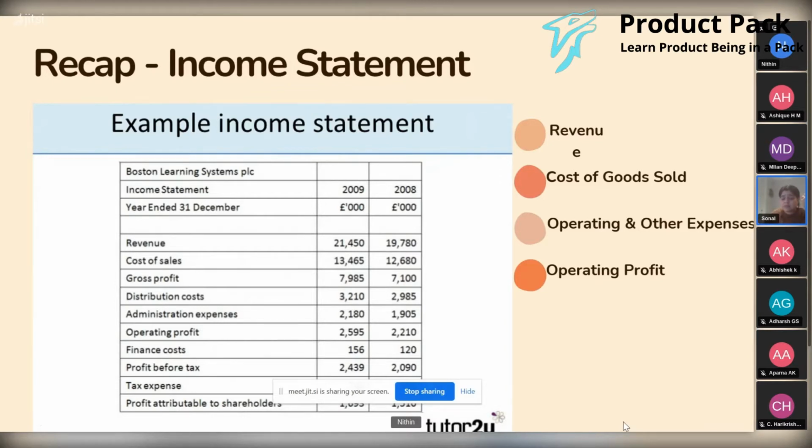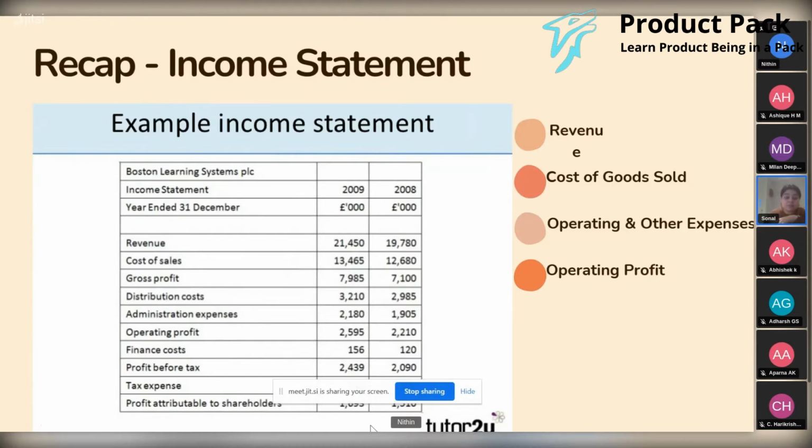Your other expenses are like tax, depreciation, and other items. And your operating profit is pretty much revenue minus operating expenses. That gives you an operating profit. Your net profit becomes when you deduct further other expenses from it.